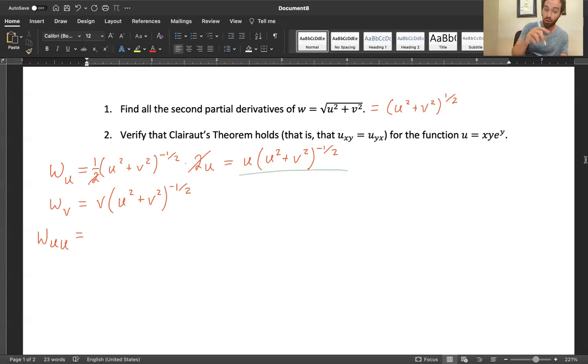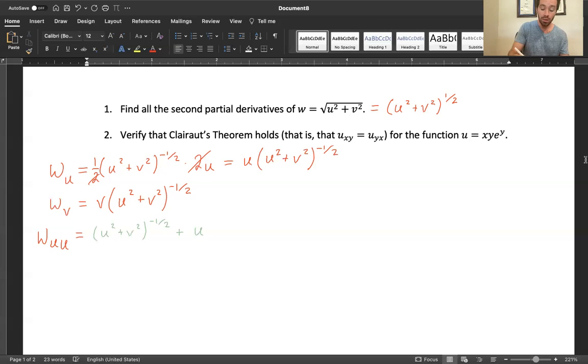I'm referring to the derivatives now. So this will be the derivative of that with respect to u. It will be the product rule. Derivative of the first, which is simply 1, times the second. That's the easy part. And then plus the first times the derivative of the second, and this is going to be the hard part, the bad part.